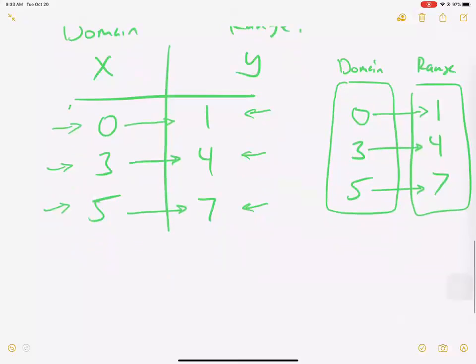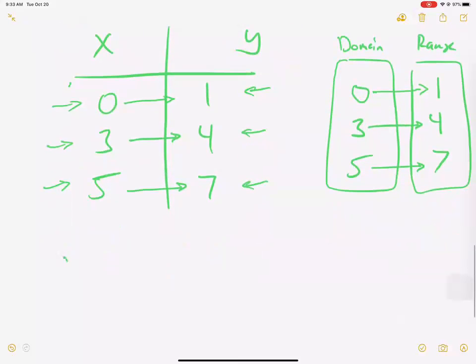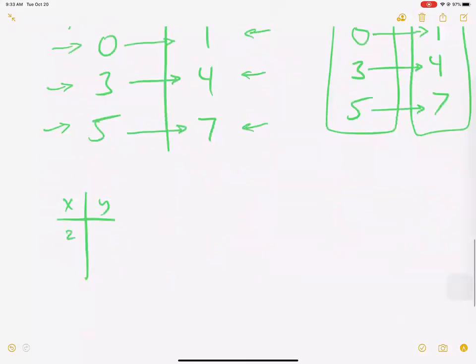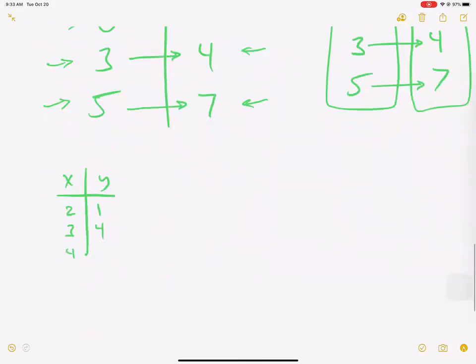Let me give you one that's a little bit different. Here's my x and y. I'll draw these a little bit smaller. 2 to 1, 3 to 4, and 4 to 1. Domain and range. What numbers do we see for domain?